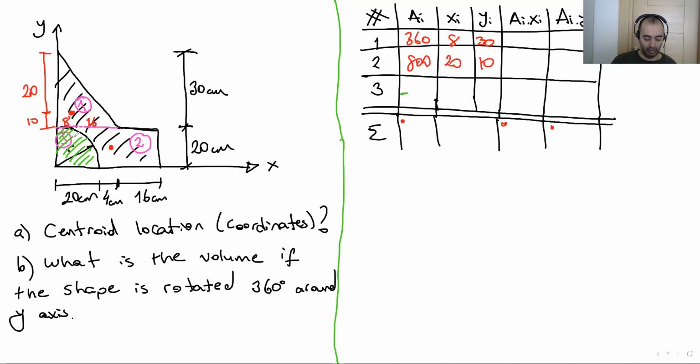So if you calculate that area, let me calculate, by the way, the pi. Yes, it's like 314.14.